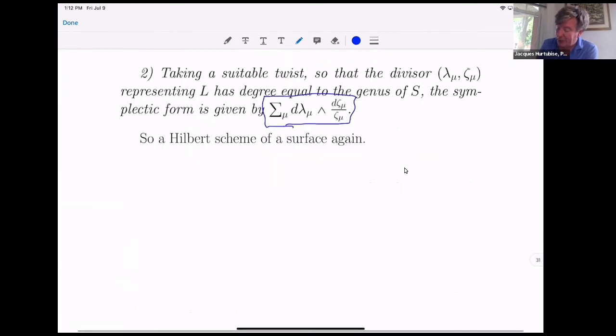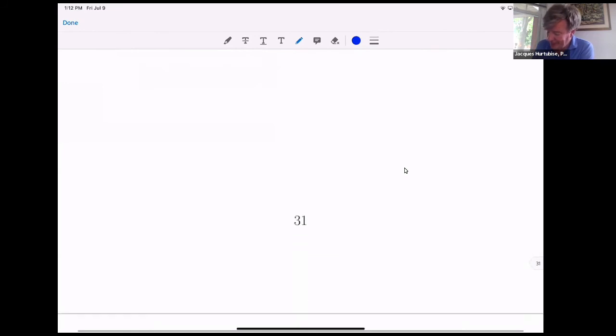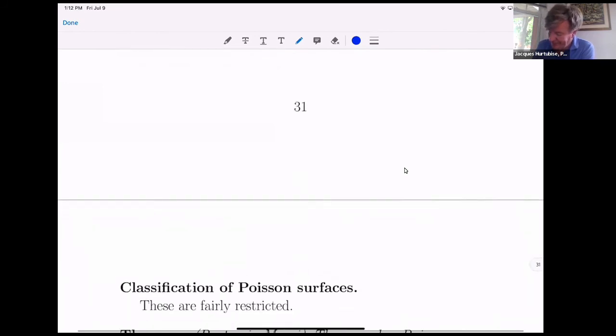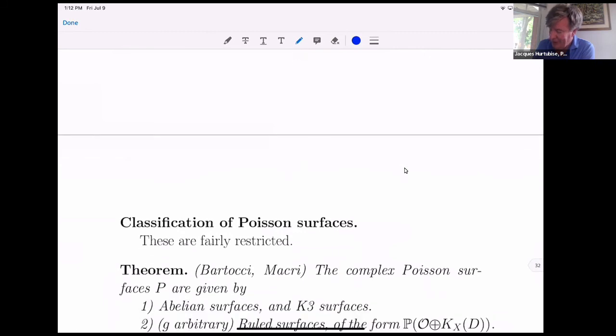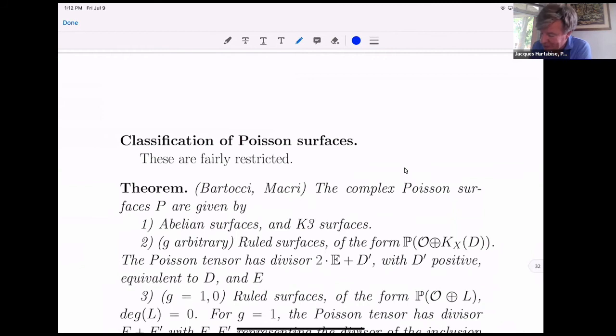So again, you're getting a Hilbert scheme of a surface. Okay, well then you're starting to see there's a bit of a pattern here. You're getting Poisson surfaces.